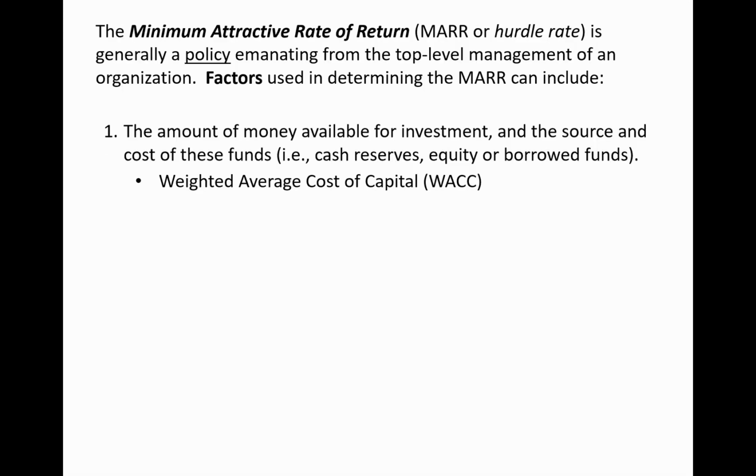All right, so let's look at some of the details behind MAR. I earlier said that borrowing cost is a really important factor in determining what you set as your minimum, but that's not the only factor. Here at the top, it says that the minimum acceptable rate of return, sometimes also called the minimum attractive rate of return or the hurdle rate, is a policy decision.